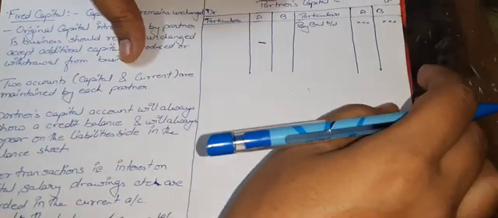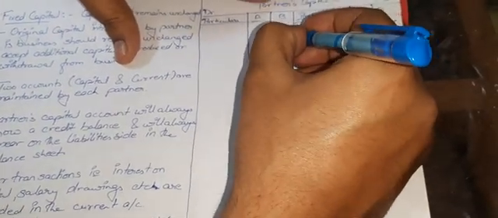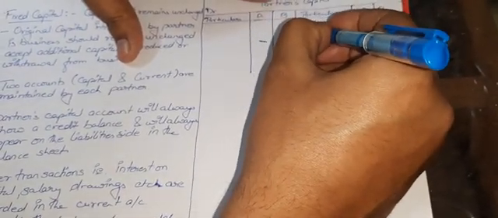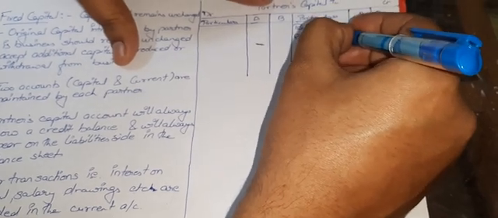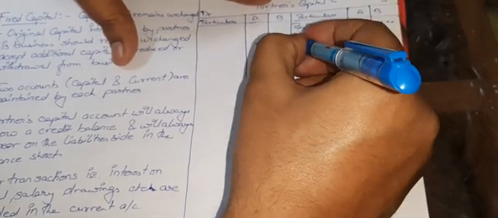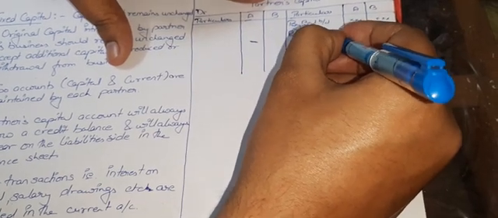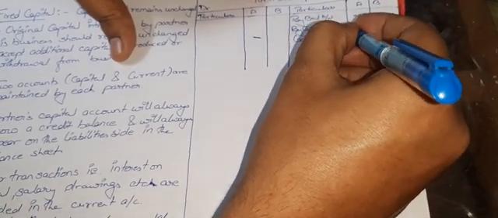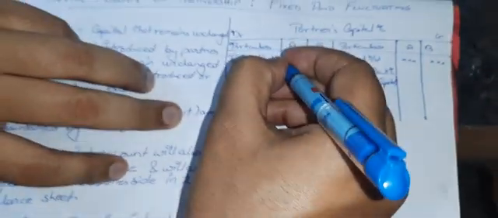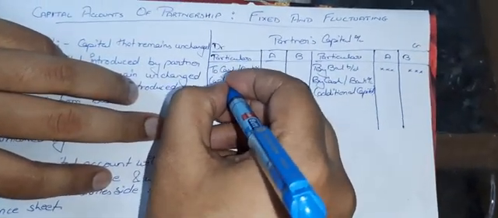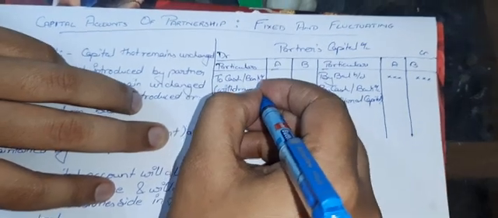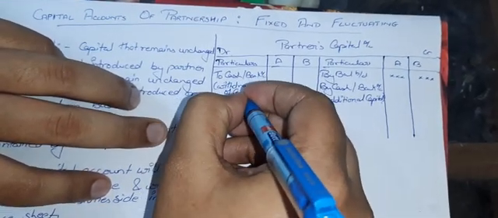If any additional capital is introduced, by cash or bank account, it is written on the credit side. If there is any withdrawal, it will be written on the debit side, to cash or bank account, that is withdrawal of capital.